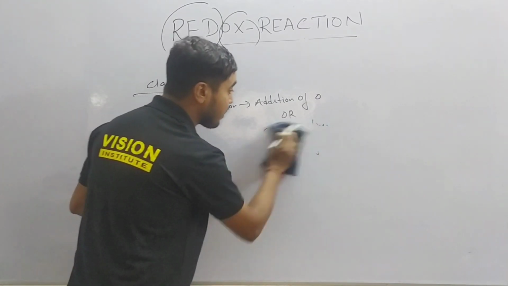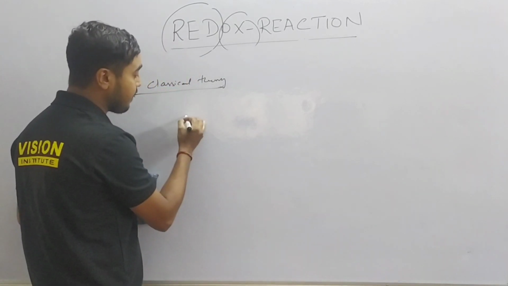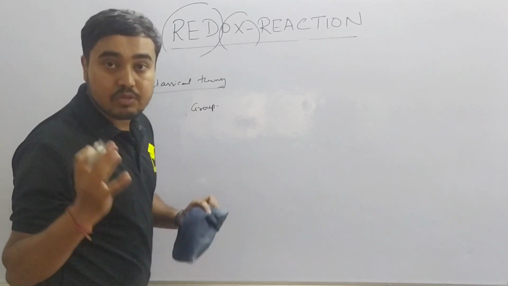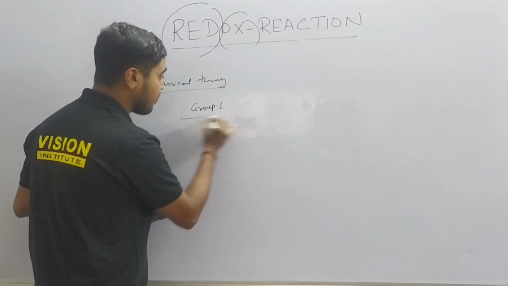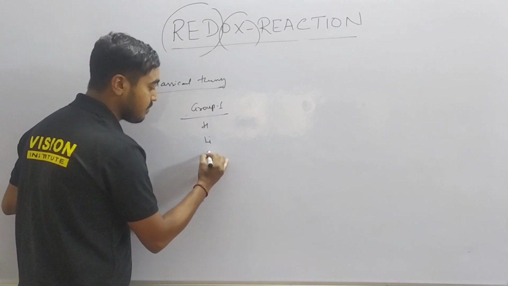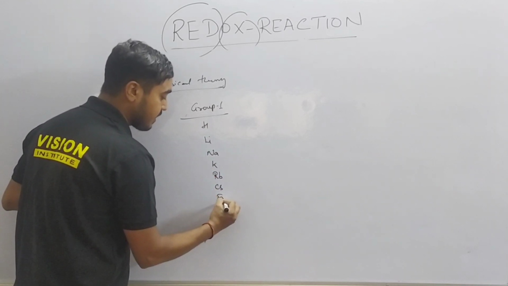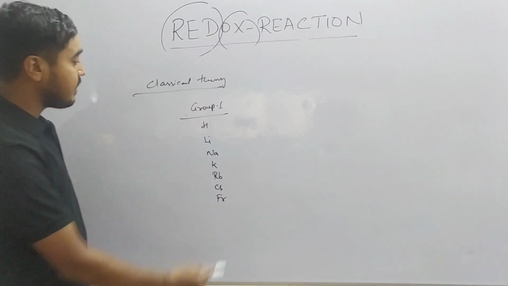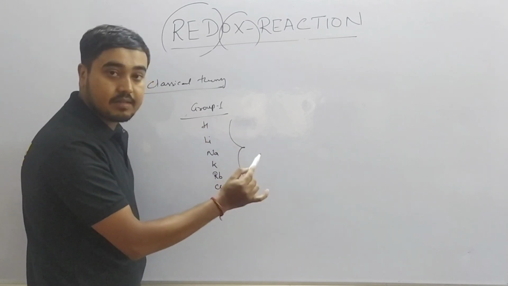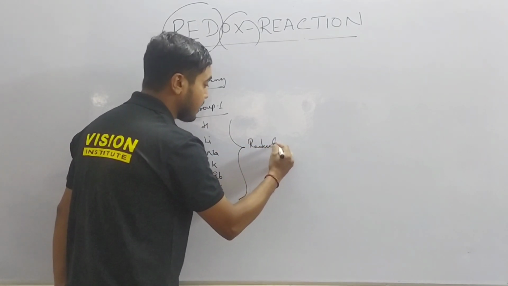Simultaneously, when I talk about addition of electropositive groups, in the periodic table the most electropositive group is group number 1, and these group 1 elements are hydrogen, lithium, sodium, potassium, rubidium, cesium and francium. So when there is addition of any of these elements in the reaction, then it is reduction.